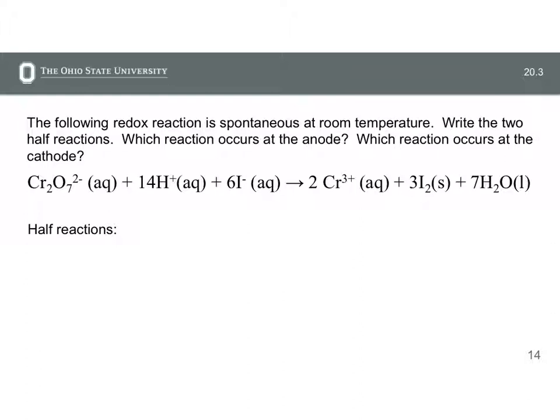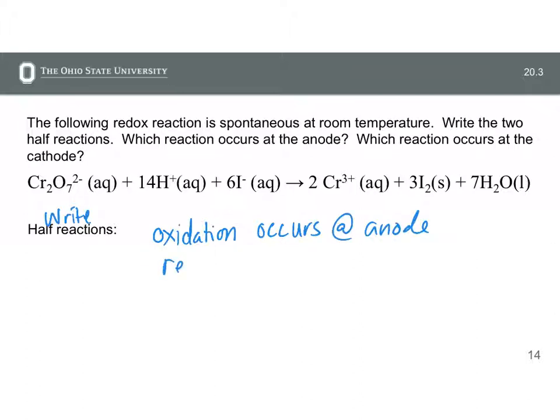I'm going to leave this to you guys. So this is another redox reaction that does occur spontaneously, so it works in a galvanic cell. When you write this, you can write this as half reactions, and that's going to be one of your tasks. So write the half reactions, and then remember that oxidation occurs at the anode, and reduction occurs at the cathode.